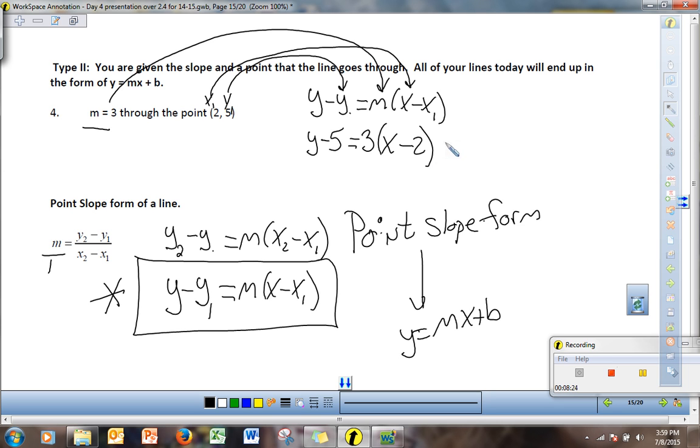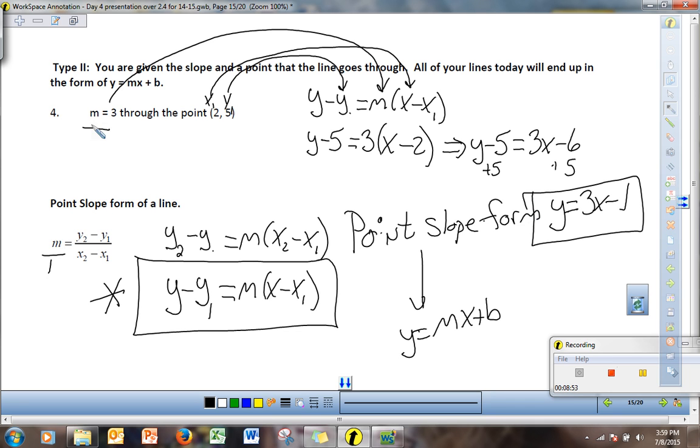Now, we're just going to simplify this. So this becomes y minus 5 equal, distribute, so I've got 3x minus 6. Now solve this thing for y. So I'm going to add 5 to both sides as I run out of room. So I'm going to get y equal 3x minus 1. There's the equation of a line that has a slope of 3, and when we graphed it, we'd go through the point 2, 5.